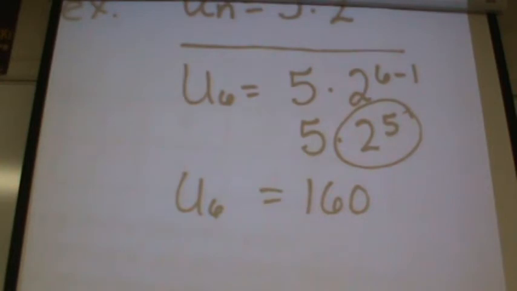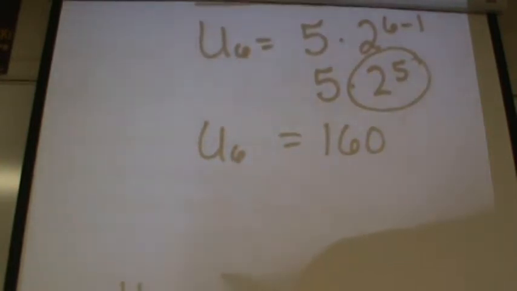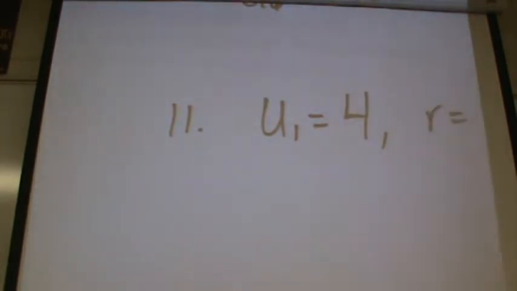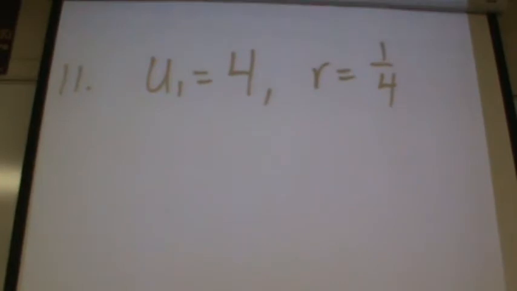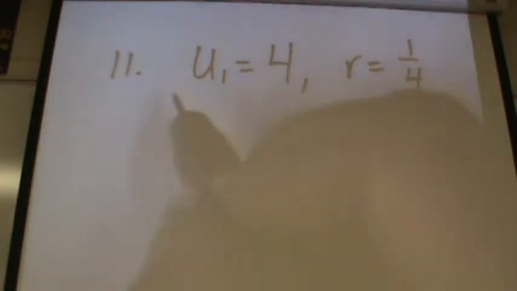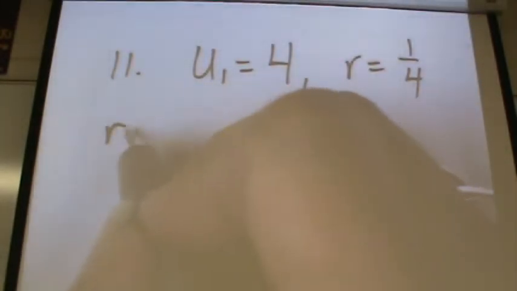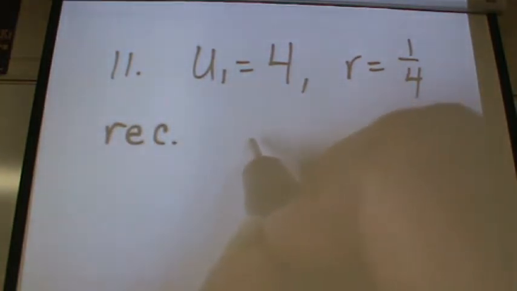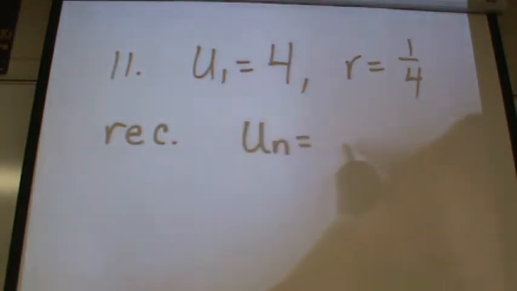Number 11, they give you u sub 1 is 4, and you are given r is 1/4. Okay, so again, let's do the recursive formula. It is u sub 1 is 4.